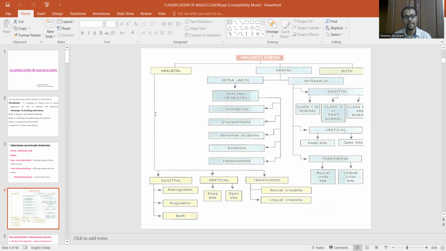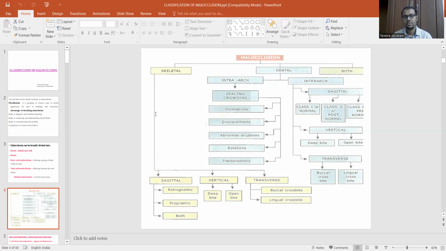Coming to the dental, as I told before, it is classified into intra-arch and inter-arch. Intra-arch means within the same arch, so malocclusion affecting a group of teeth in the same arch. It may be spacing or crowding, inclinations, displacements of teeth, abnormal eruption, rotations, or transpositions, that is exchange of the position of the teeth.